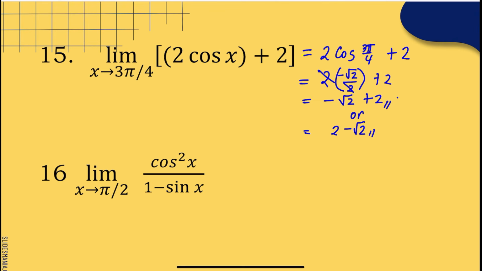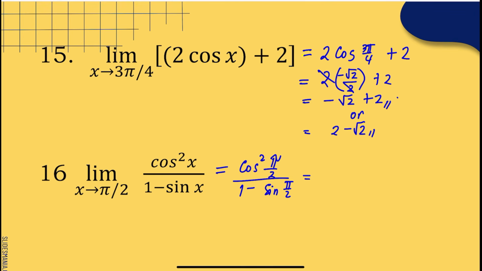Number 16. The limit of cosine squared x over 1 minus sine x where x approaches pi over 2. Let's substitute. So the limit will become cosine squared pi over 2 over 1 minus sine pi over 2.